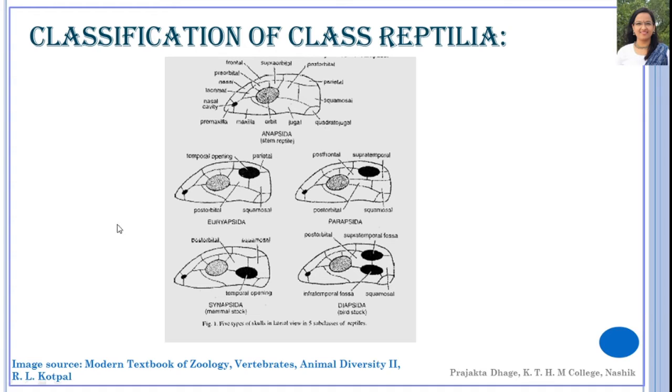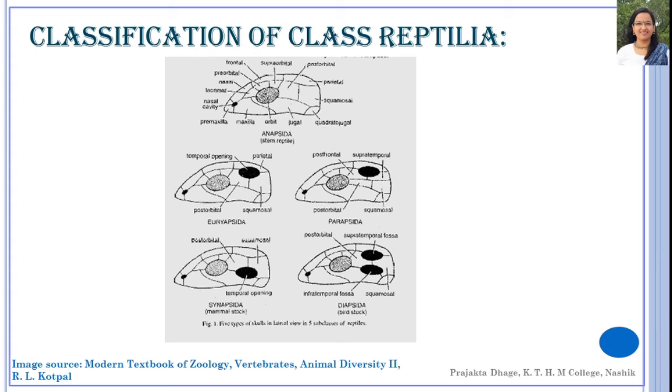You can just see here there are 2 temporal vacuities present in the diapsids. These 2 temporal vacuities are separated by a bar of postorbital and squamosal bone. So this is the postorbital, this is the squamosal, and this forms a bar. So this is about the Diapsida.